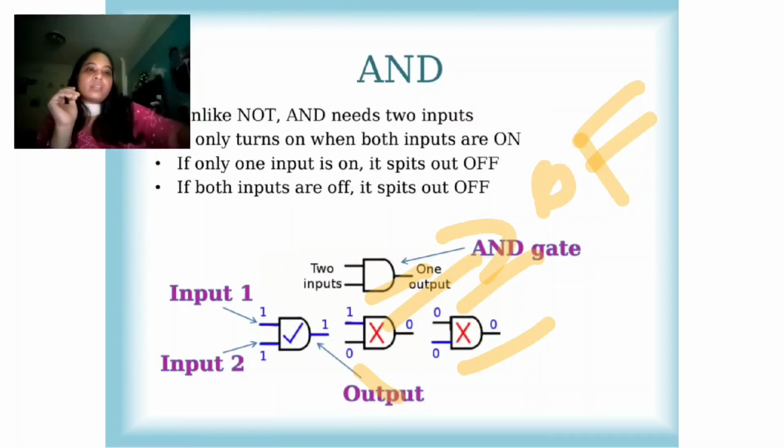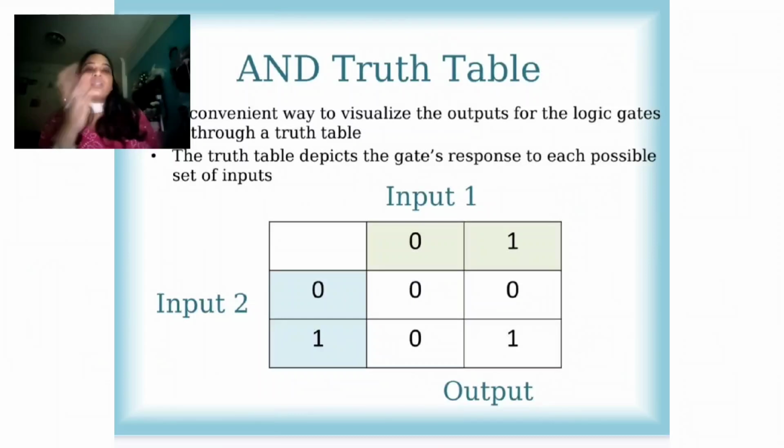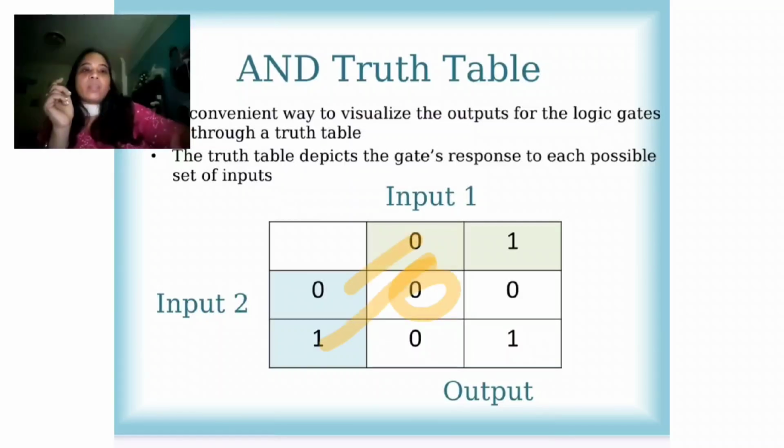Next, the truth table. How can we specify this table? If you ask this question, the answer is here. For example, if both inputs are 0, you get the answer 0. If any one of the inputs is false, for the AND gate the result is failure.